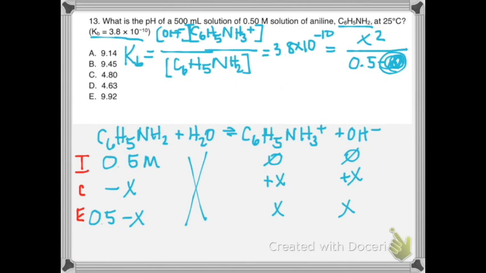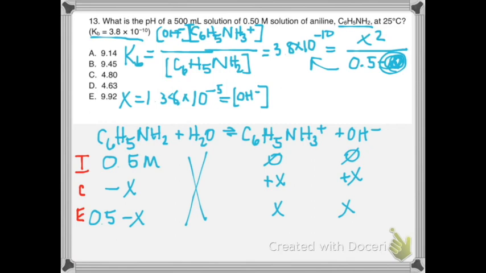We'll multiply over and then take the square root to find that x is equal to 1.38 times 10 to the minus 5. And I like to stop and remind myself what that x even is. So that's the concentration of OH minus.